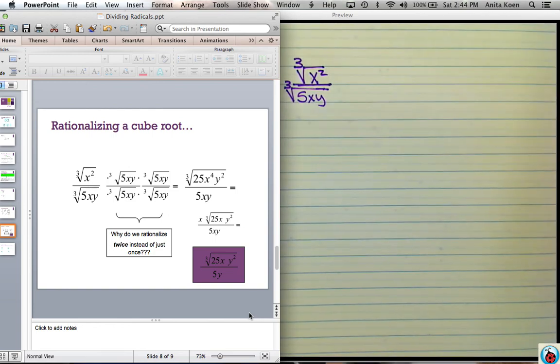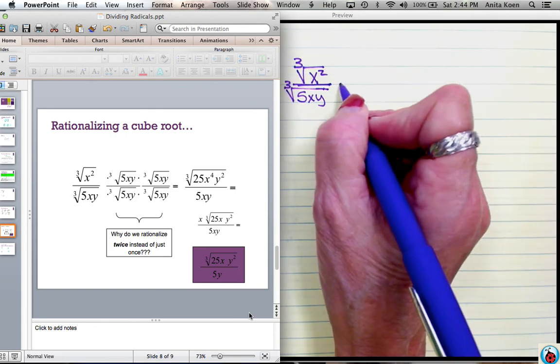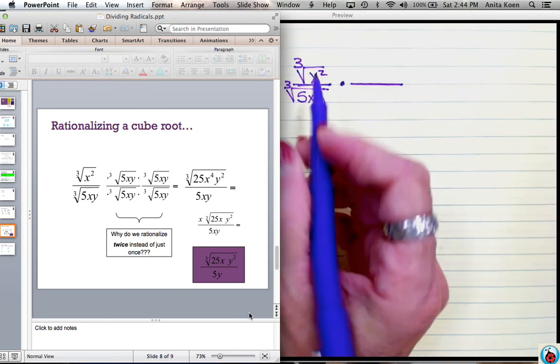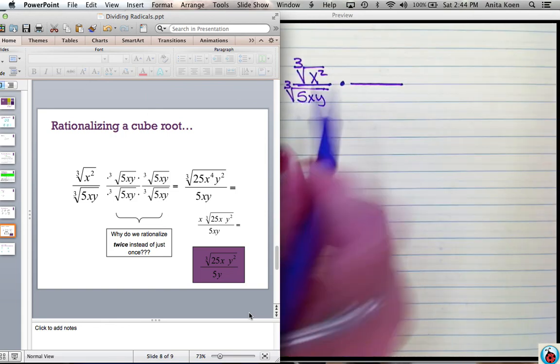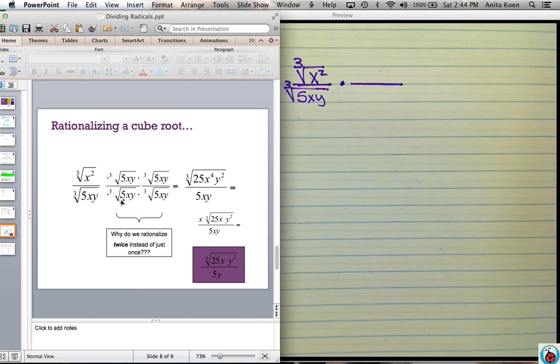Now, what I have to remember is that with a cube root, we have to have groups of 3. So if you look right here, I've rationalized twice instead of once. And the reason that I've done that is because I need 1 5 and 2 5s to go along with the one that's already there so that I have a group of 3.